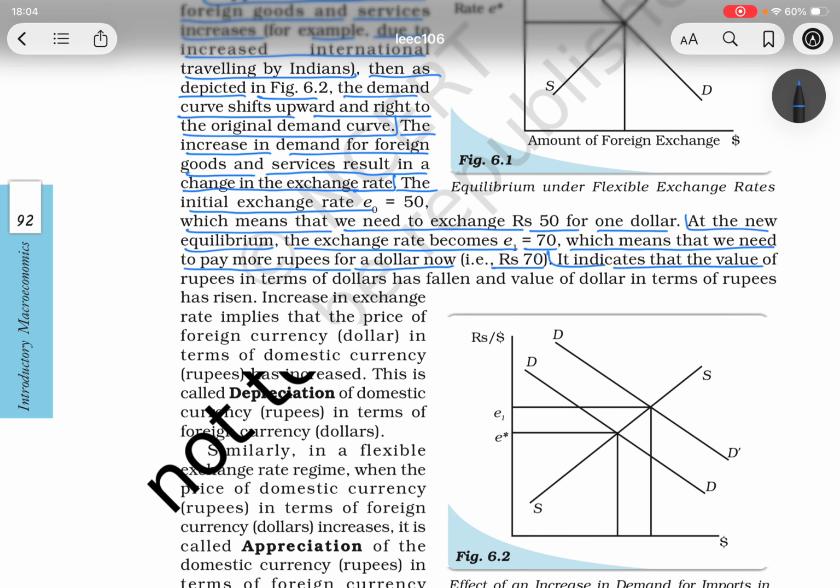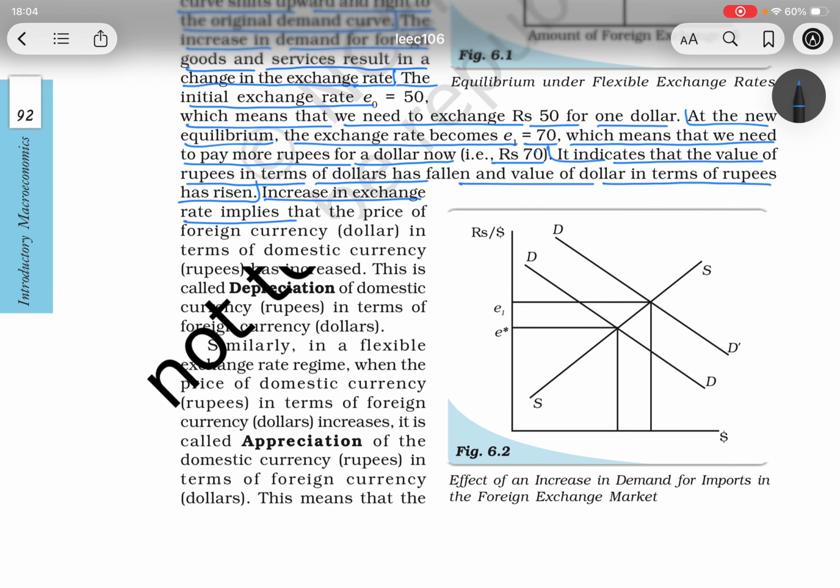It indicates that the value of rupees in terms of dollars has fallen and the value of dollar in terms of rupees has risen. Increase in exchange rate implies that the price of foreign currency (dollar) in terms of domestic currency (rupees) has increased. This is depreciation of domestic currency (rupees) in terms of foreign currency (dollars). Similarly, in a flexible exchange rate regime, when the price of domestic currency (rupees) in terms of foreign currency (dollars) increases, it is called appreciation of the domestic currency.